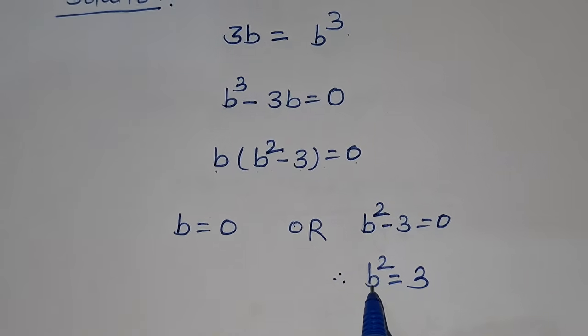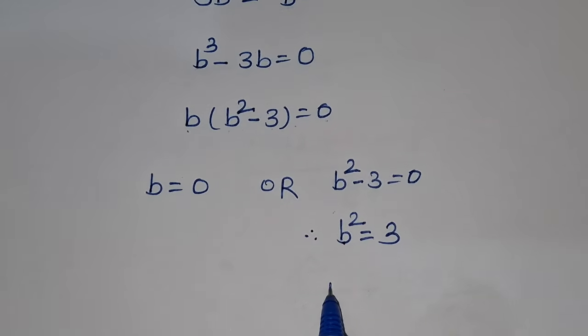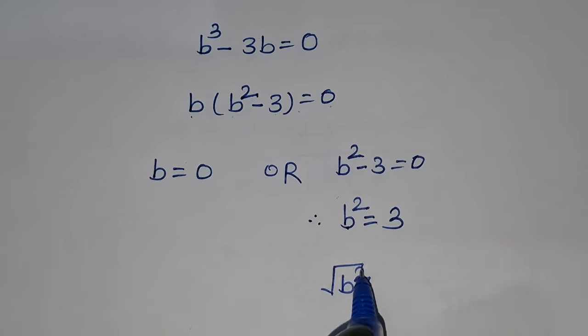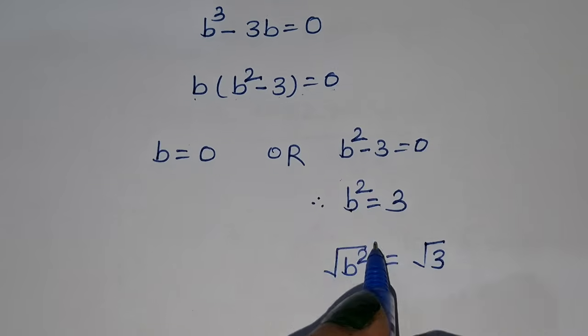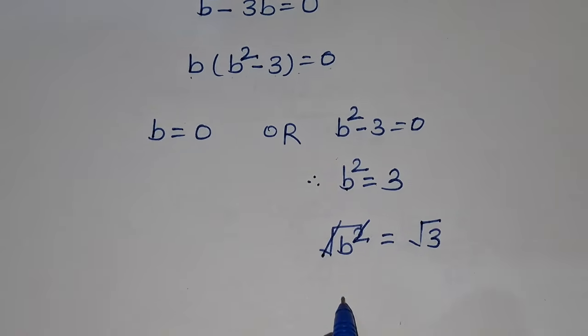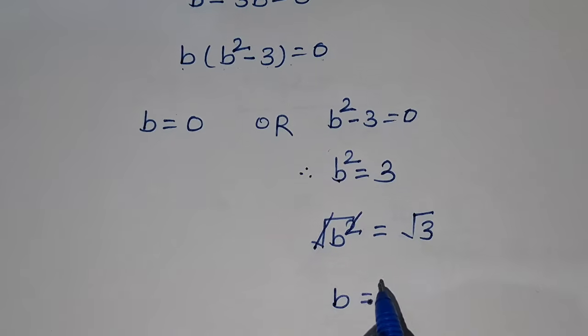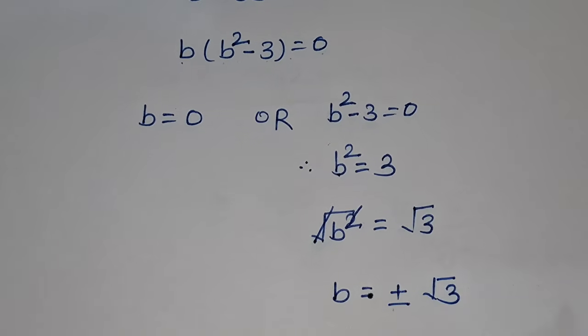Now we have to find the value of b, so we take the square root. The square root of b square is equal to the square root of 3. Now the square is cancelled with the square root, so the value of b is equal to plus minus square root of 3.